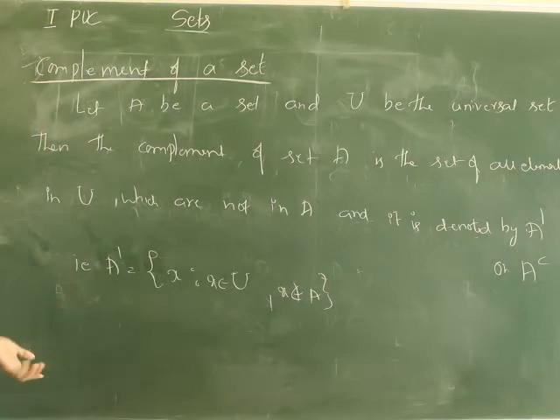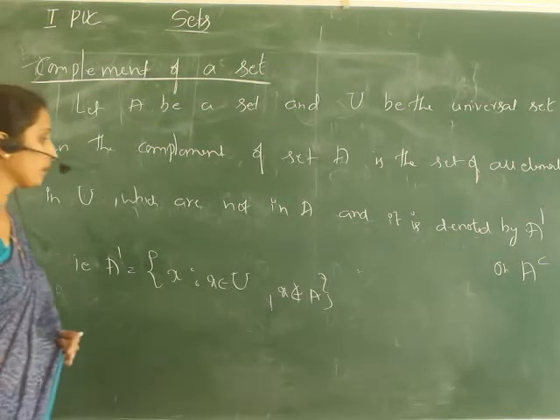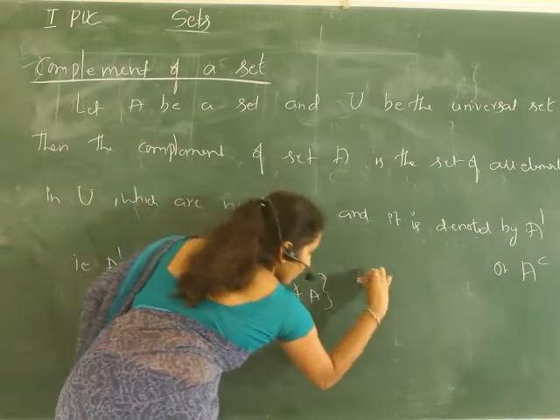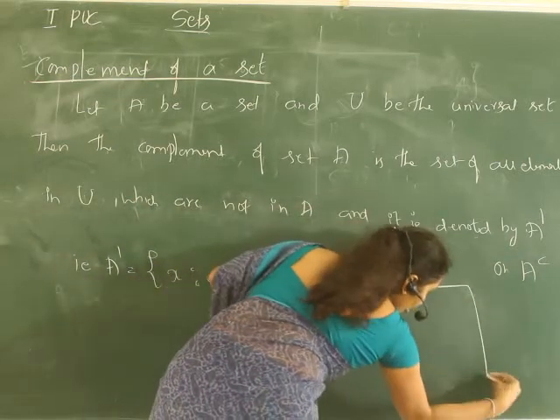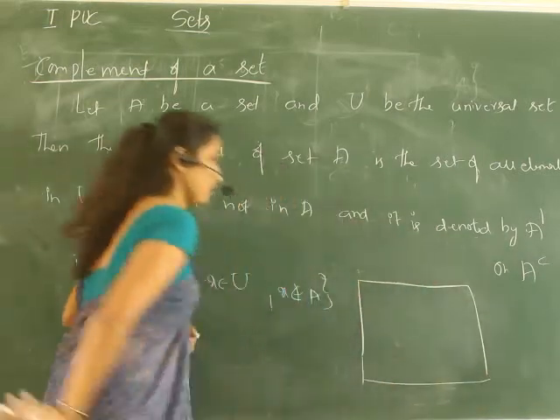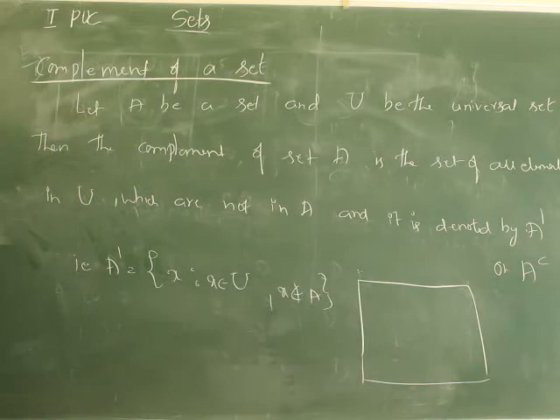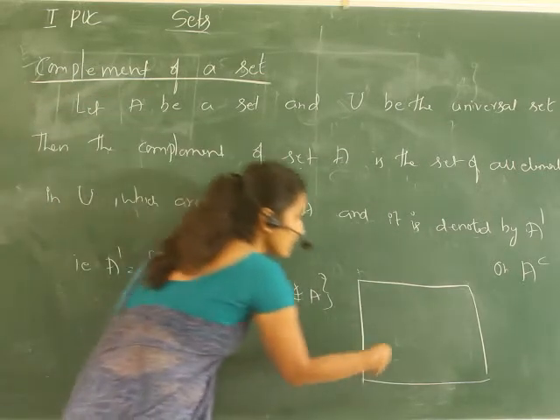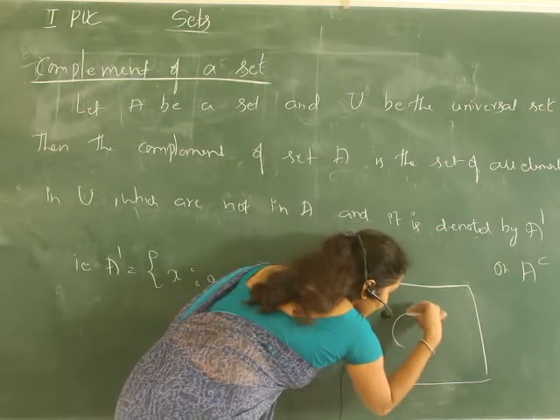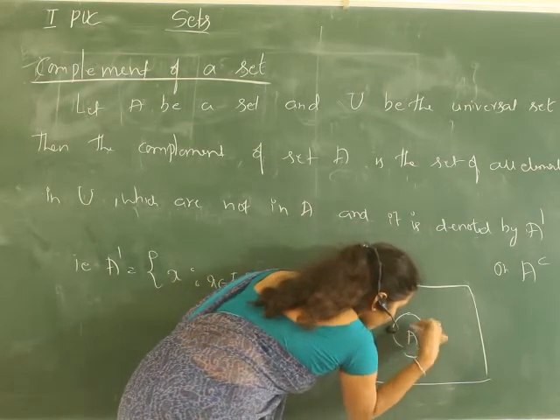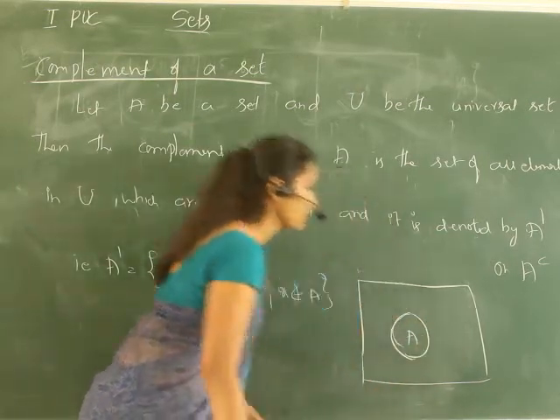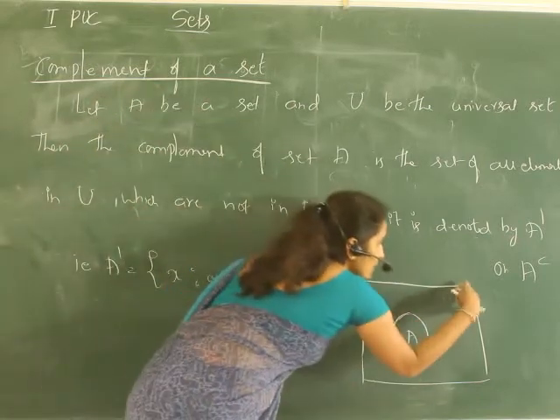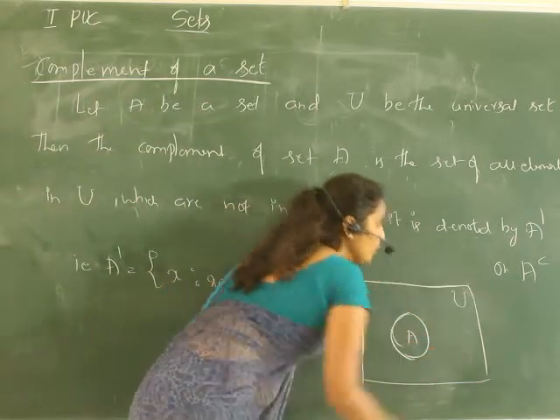Now we can draw the Venn diagram also. The Venn diagram shows only the elements which are present in the universal set. I will consider this as A, and this will be the universal set.